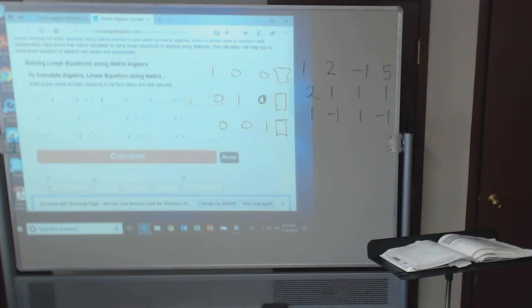And what's the last number? 5. Then I go to the next one and I put in 2. And then what do I put in? 1. And then what do I put in? 1. And what do I put in next? 1. Go to the third row and what do I put in?